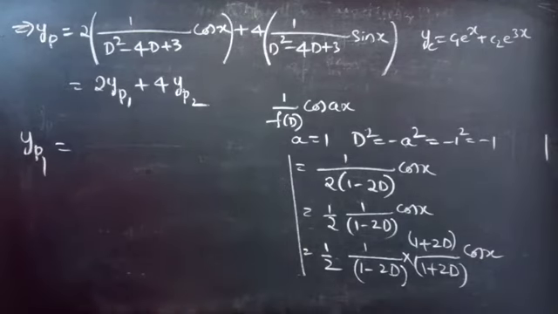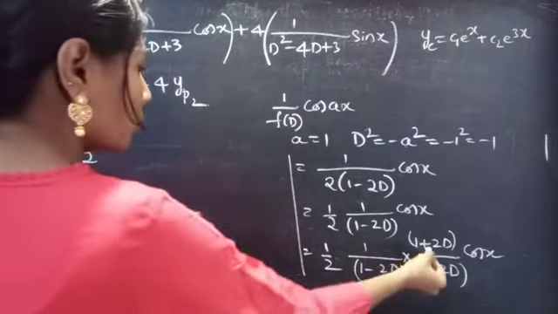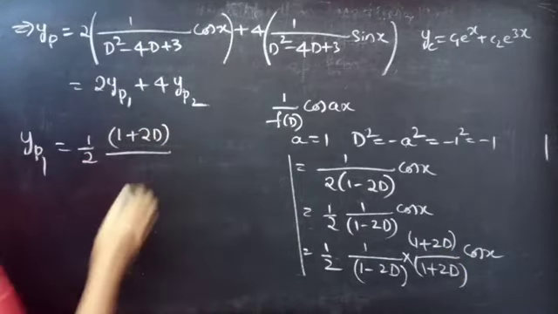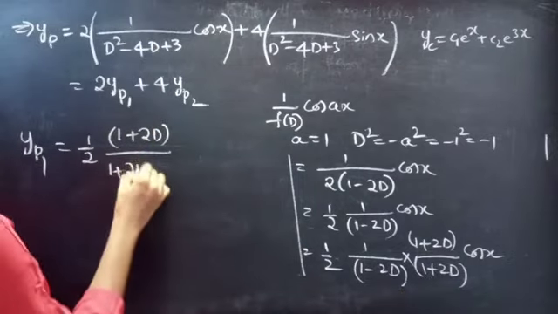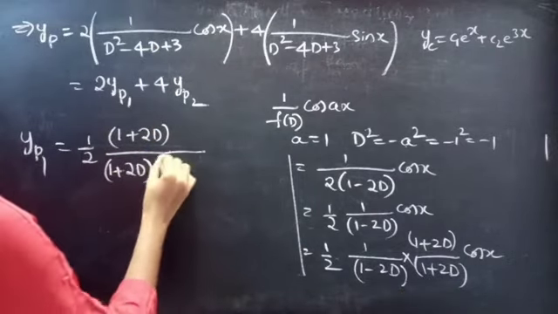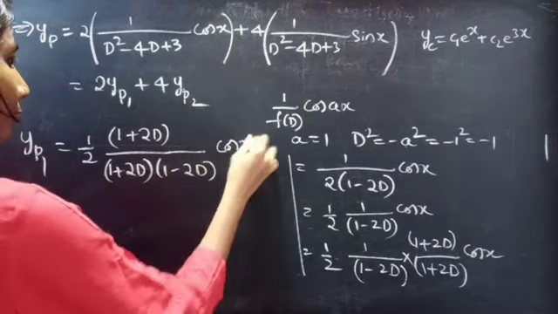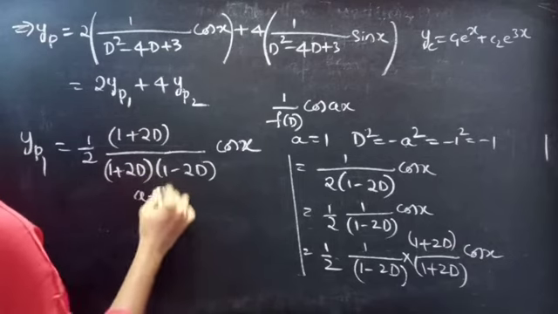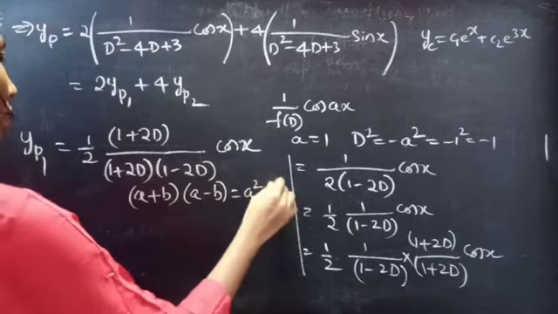Now yp becomes 1 by 2 into 1 into 1 plus 2d is 1 plus 2d by 1 minus 2d into 1 plus 2d, into cos x. So the denominator is of a plus b into a minus b form. We can write it as a square minus b square.